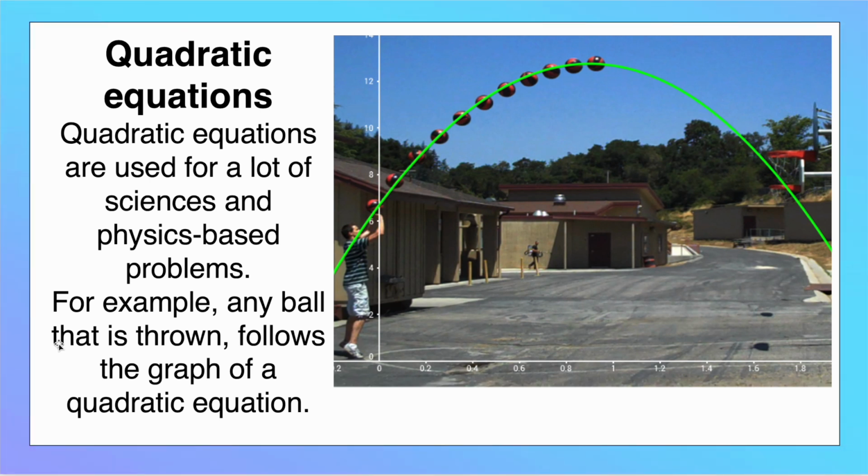For example, as you can see in the photo here, a ball that is thrown will follow a quadratic graph. It goes up to a point, and then due to gravity, it comes back down, following that green line.